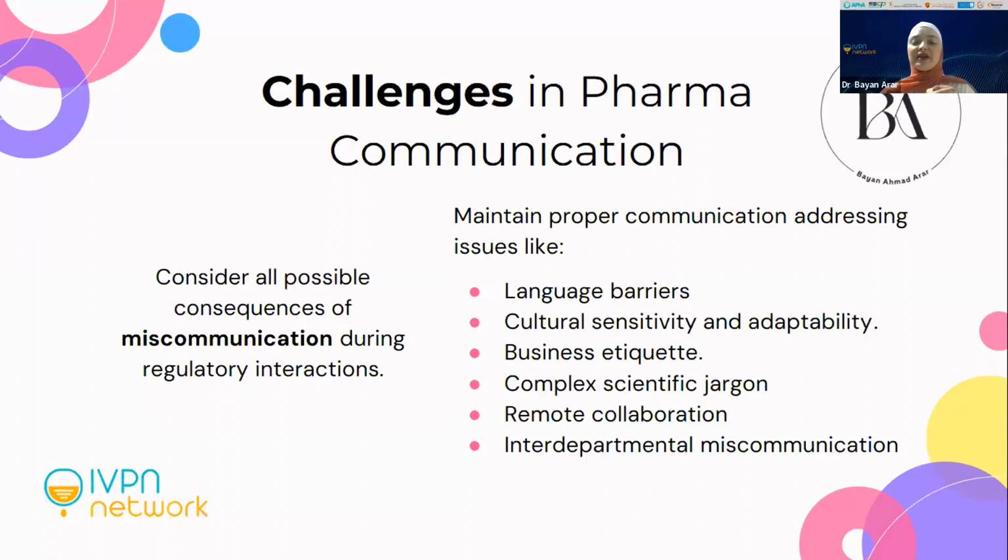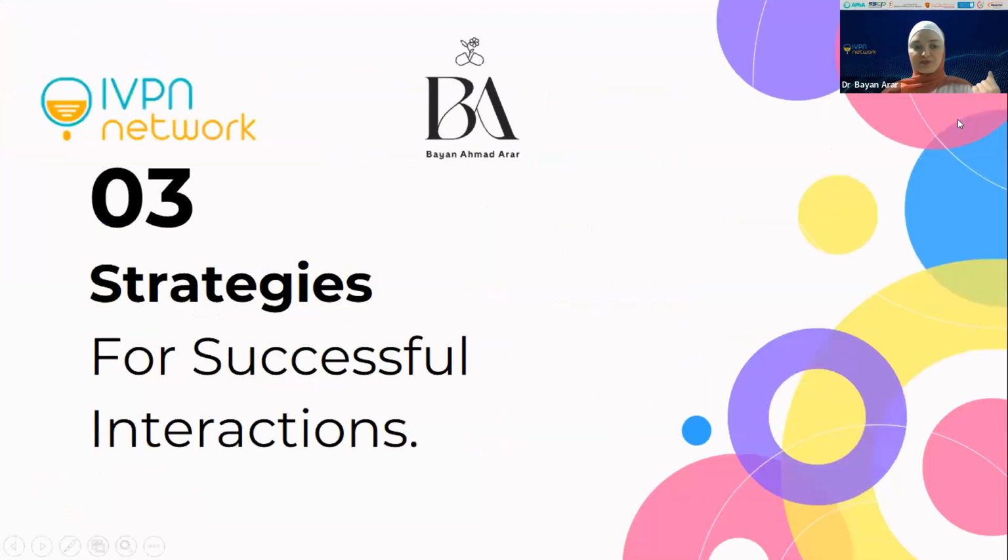We need to avoid complex scientific jargon so we can make our communication simple and clear. We need to consider remote collaboration, especially in the situation of COVID. And we have to take care of interdepartmental miscommunication and really highlight where this miscommunication is so we can adjust our behaviors or our communications.